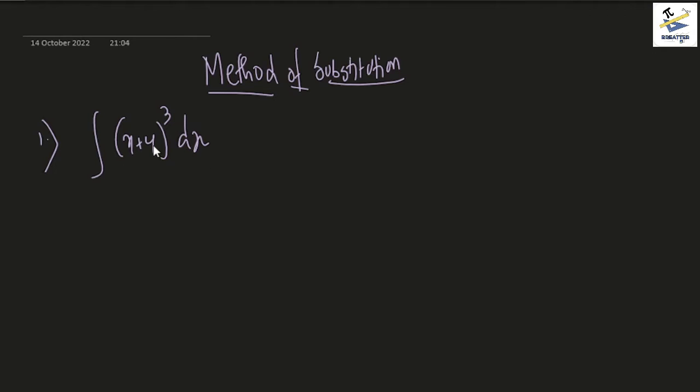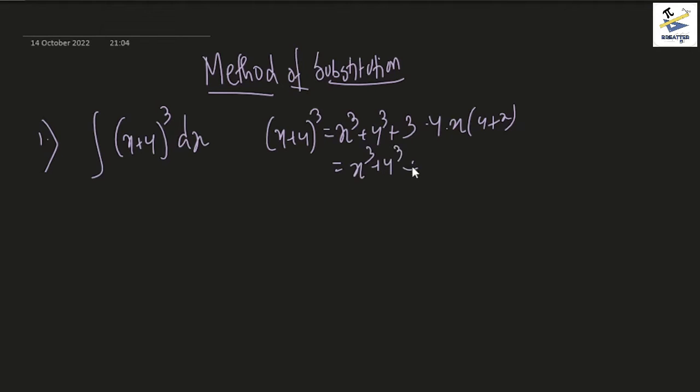The first way would obviously be to evaluate this x plus 4 whole cube by expanding it. You can use the formula for a plus b whole cube: x cubed plus 4 cubed plus 3 into 4 into x into 4 plus x, which gives x cube plus 4 cube plus 12x into 4 plus x, right?